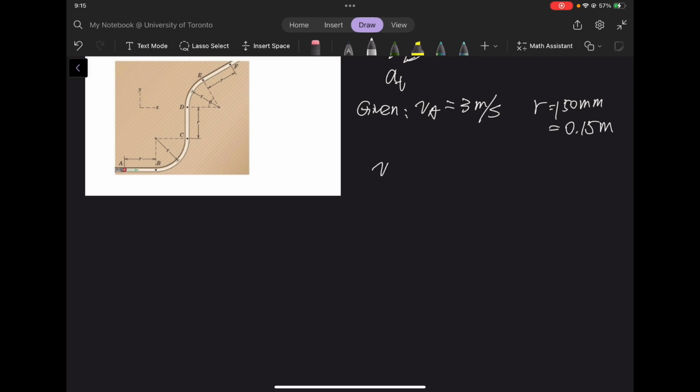And Vf is equal to 0.9 VA, which is 2.7 meters per second, and theta is equal to 60 degrees. We need to find the acceleration at 0.08 seconds and the acceleration at 0.2 seconds.